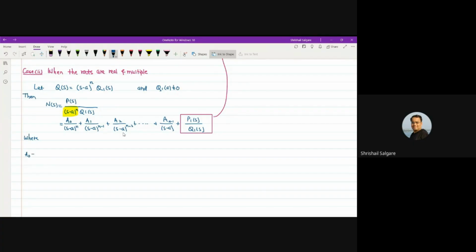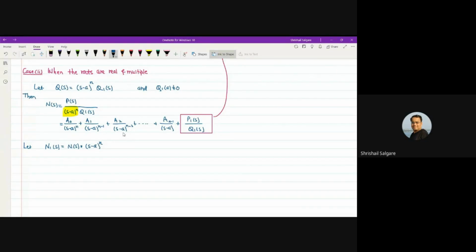Before that I will calculate a new term, some N1 of s. How is this N1 of s calculated? N of s multiplied by s minus a raised to n, so you cancel that factor and keep the remaining term.